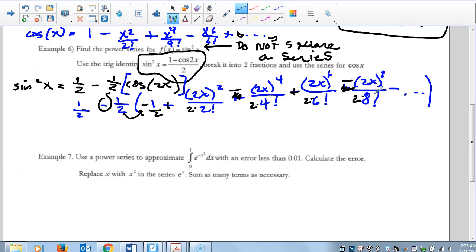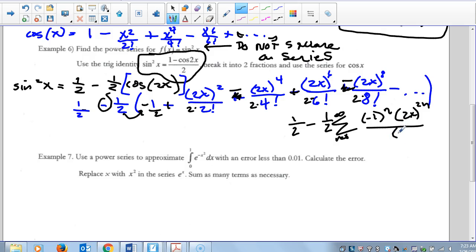So if I do this in the general form, now I'm going to leave it the original way, 1/2 minus 1/2 times the sum from 0 to infinity of, let's see, I need it alternating, negative 1 to the n, 2x to the 2n all over 2, well, I'll change that in just a second.